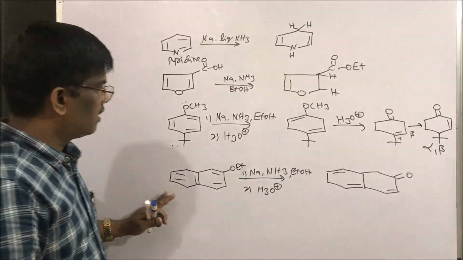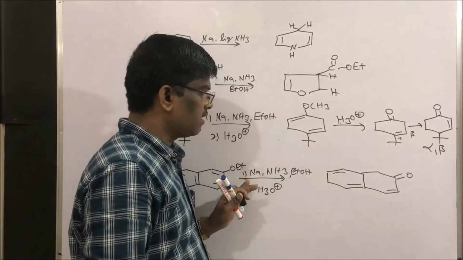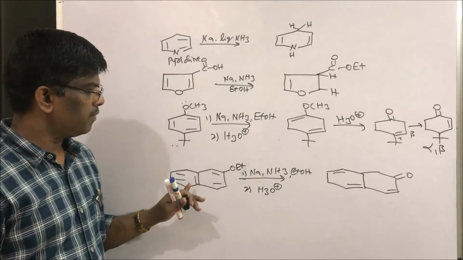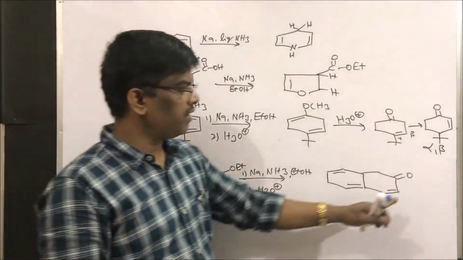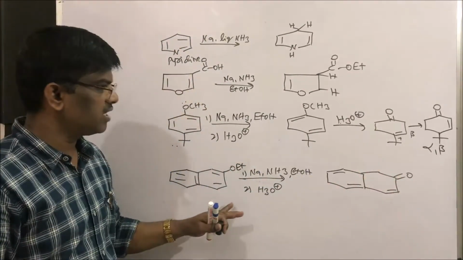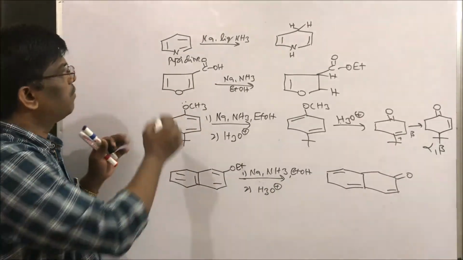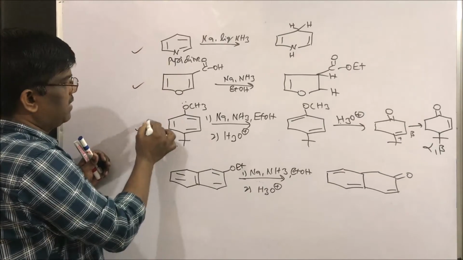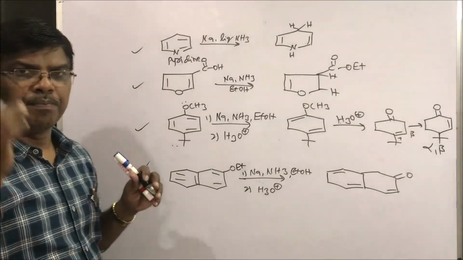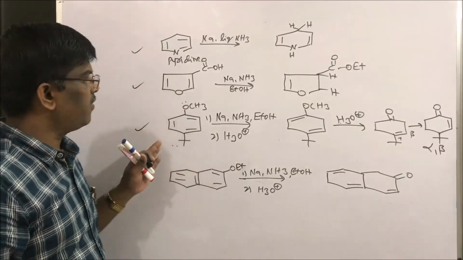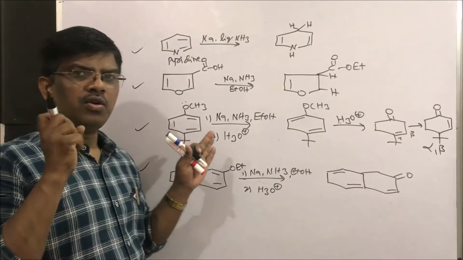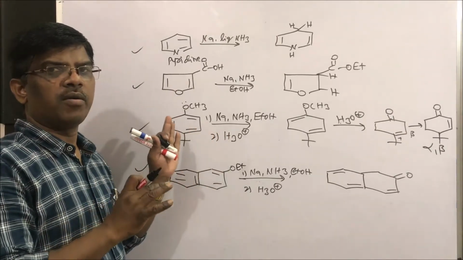So this is how the naphthyl ether is going to give this ketone under Birch reduction conditions. These are all the examples. There are a number of examples, but these are very, very typical examples I have taken. So please keep in your mind, whenever you see an electron donating group, don't disturb the double bond.